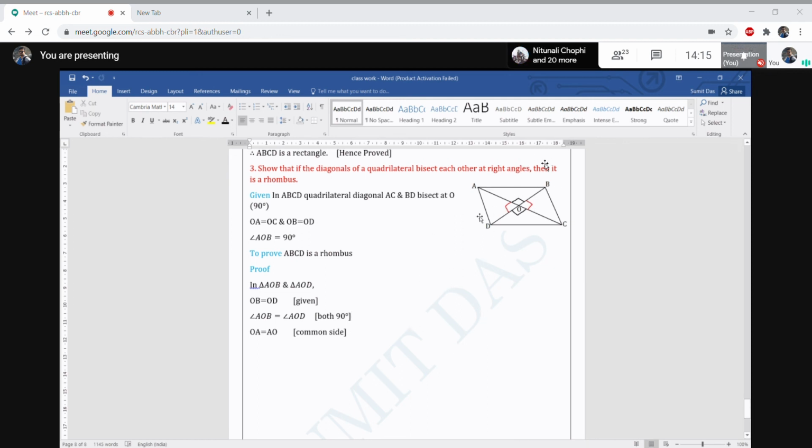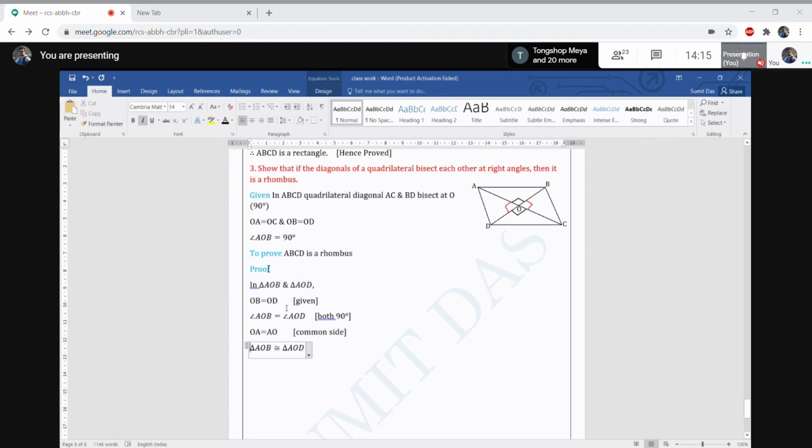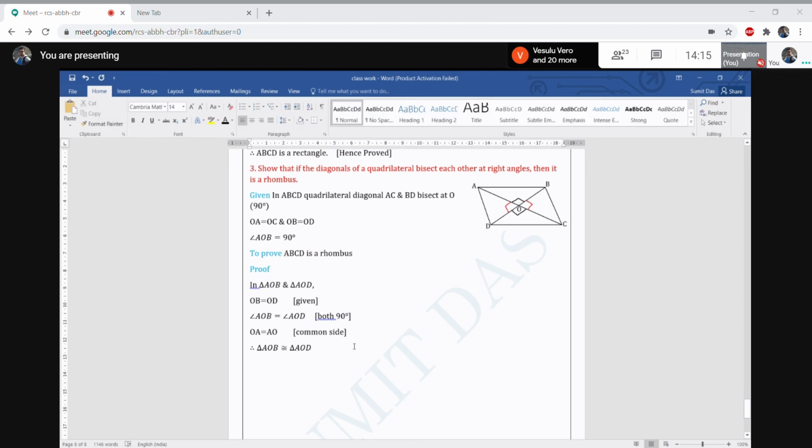So in these two triangles, we can see two sides and one angle are equal. Therefore, they are congruent. Congruency rule is SAS.